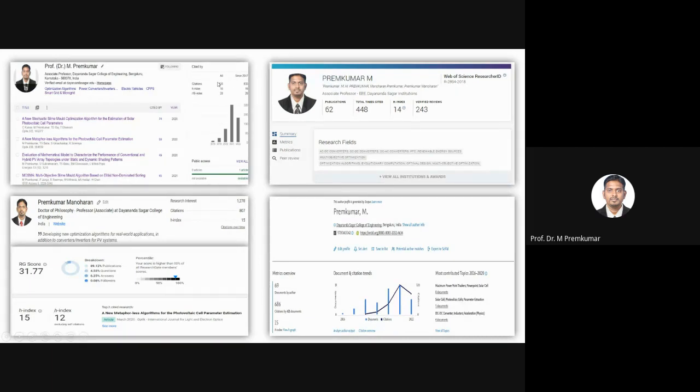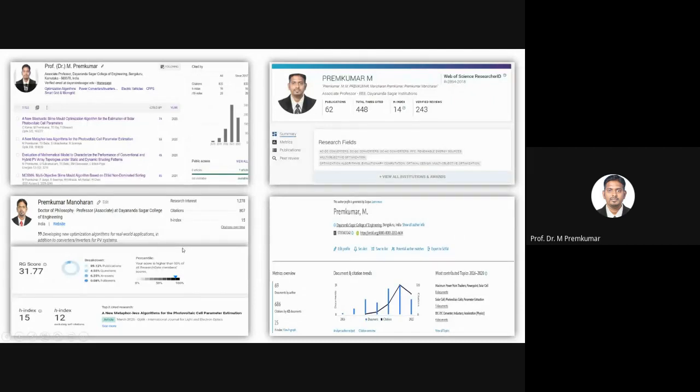And the citations you can also check in Google, okay, and in ResearchGate you can check the citations, and the Publons also you can check your citations, and the Scopus site also you can check your citations. But you see that the numbers will not be the same in all the profiles. As I told, Google Scholar will consider all the reports for citation calculation purpose.